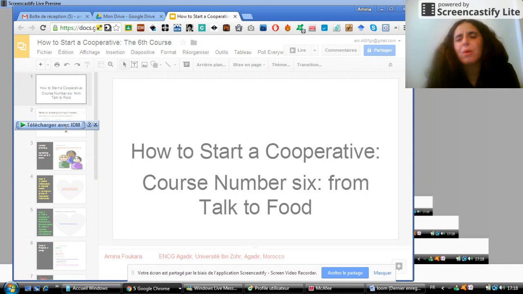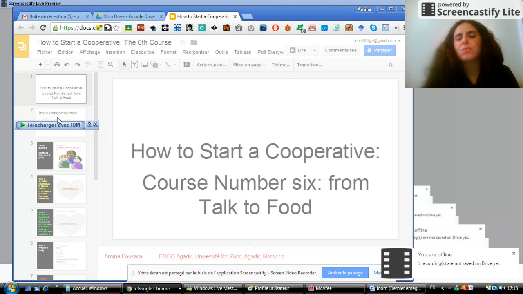Before thinking about establishing a cooperative through going through the 9 steps which are familiar to American managers, I have to remind you that the first thing you will have to think about is identify the needs of members living in the same area.